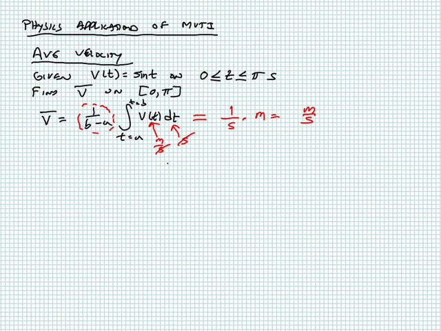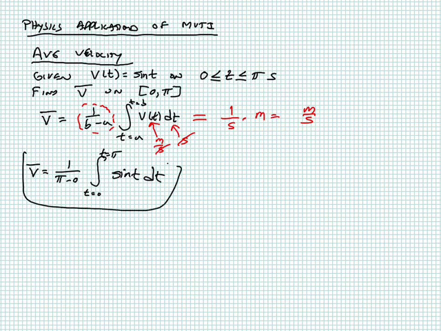So for this particular problem, using the mean value theorem for integrals, the average velocity is 1 over b minus a, and b in this case is pi, and a is 0. So it's 1 over pi minus 0 times the integral from t equals 0 to t equals pi of sine of t dt.